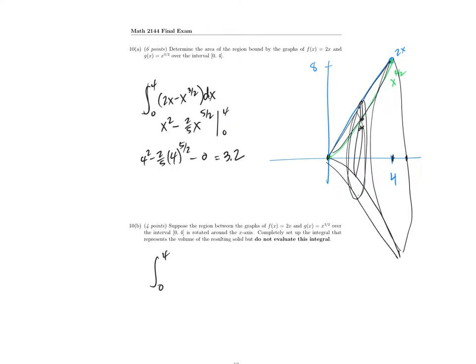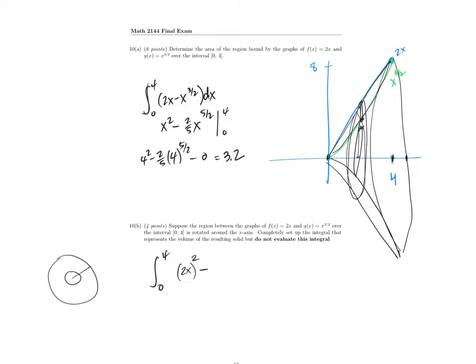Okay, and the volume of that washer is going to be the area. I have this outside radius and this inside radius. And so the outside radius goes from the middle up to the blue function, which is 2x. And then the inside radius goes from the center up to that green function, which is x to the 3/2.